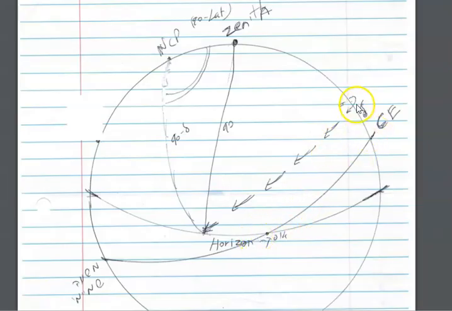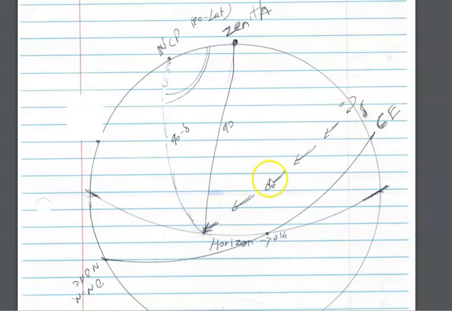So we need to solve this star that has a declination of 20. This is 0. This is 20. It doesn't look like 20, maybe it's 15 or 10. So let's say this has a declination of 15. We want to know how many degrees this angle is.